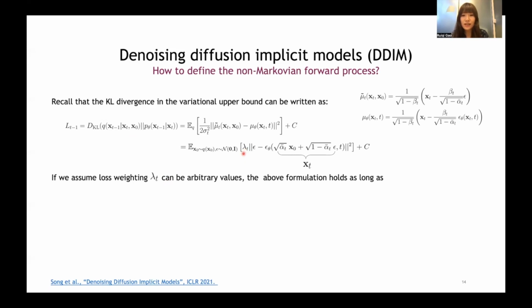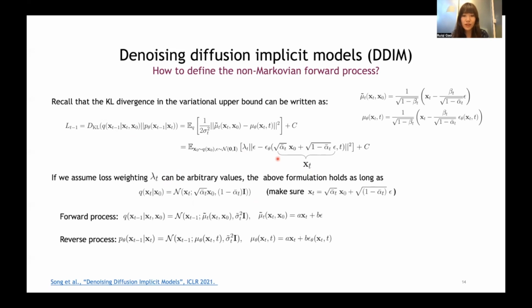Then we find that the above formulation holds as long as, first, q(x_t | x_0) follows this normal distribution. This is to make sure that x_t still equals this formulation. And we have two further assumptions.